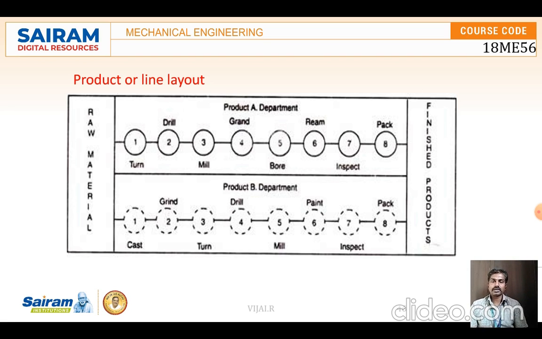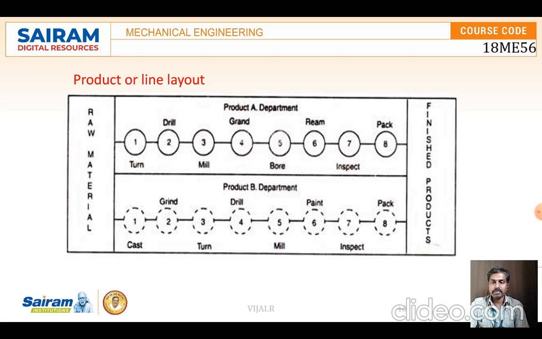According to the sequence, the machines are arranged. Once the turning operation is done, it goes for drilling. Once drilling is done, the same material goes for milling. Like this, the same material follows one by one, and finally it comes out as a finished product.